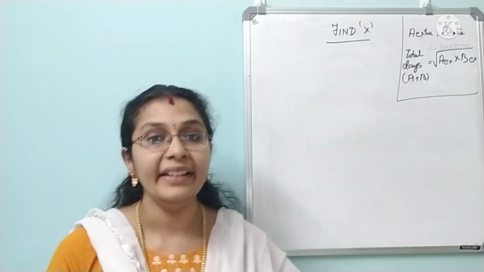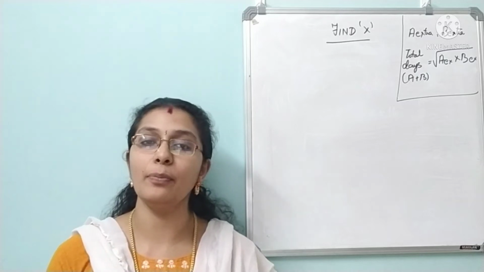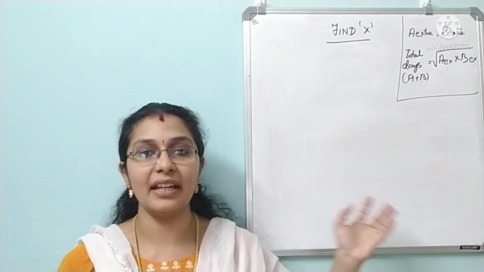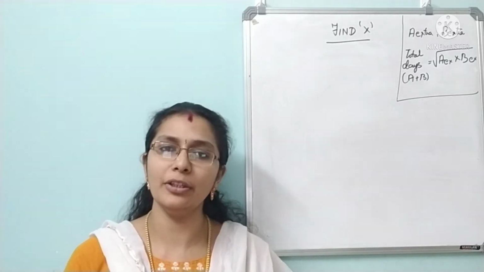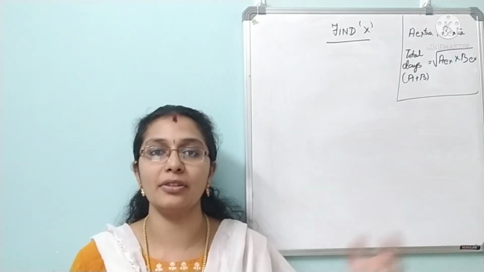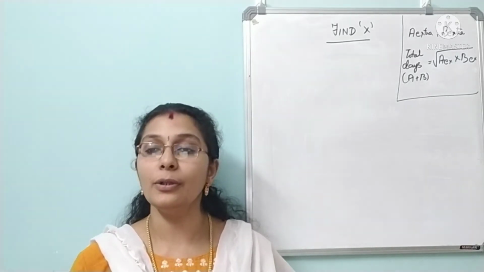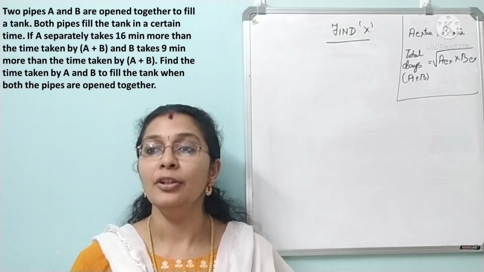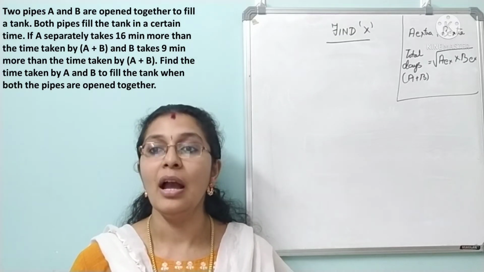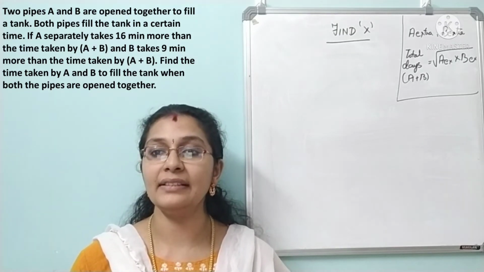Now the same concept applies to pipes and cistern too. So let's try solving a pipes and cistern question. You try to solve it by yourself and then cross check with my video. Two pipes A and B are opened together to fill a tank. Both pipes fill the tank in a certain time.